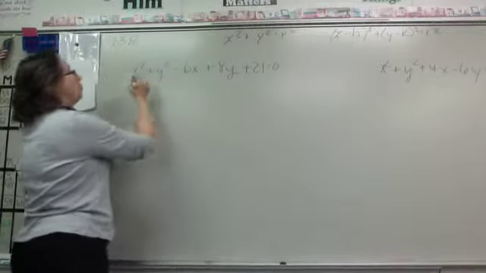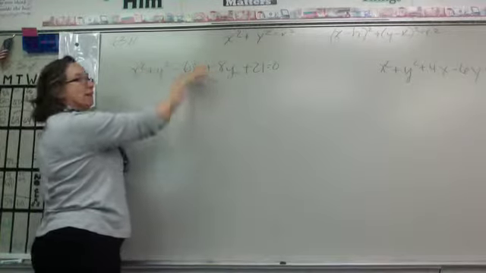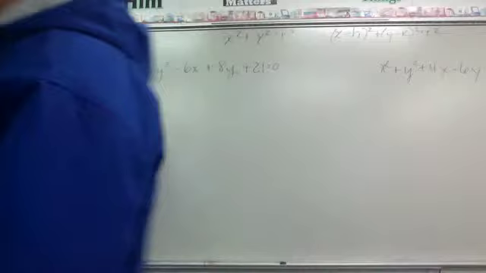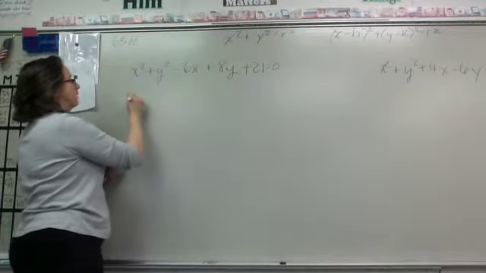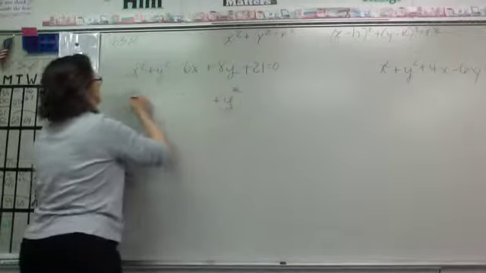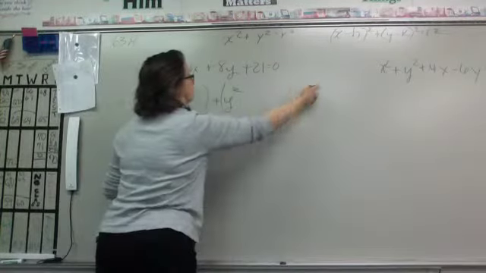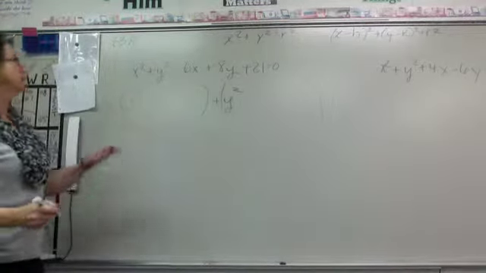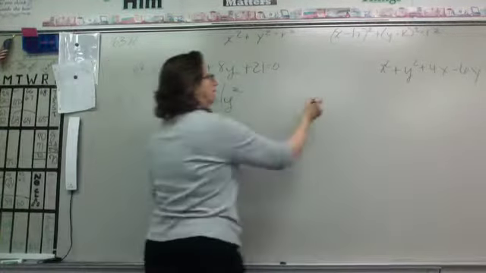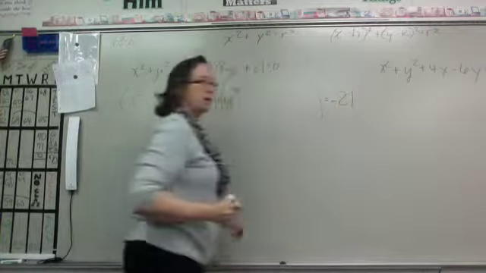All right, so what we're going to do is we have a circle, and we're going to complete the square. So we're going to complete two squares. I'm going to put everything that's x in this one, everything that's y on that one, and then I'm going to put over here negative 21.